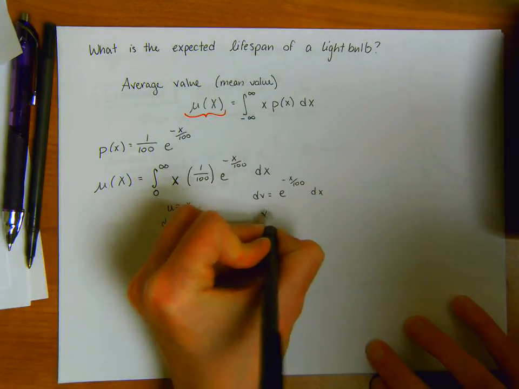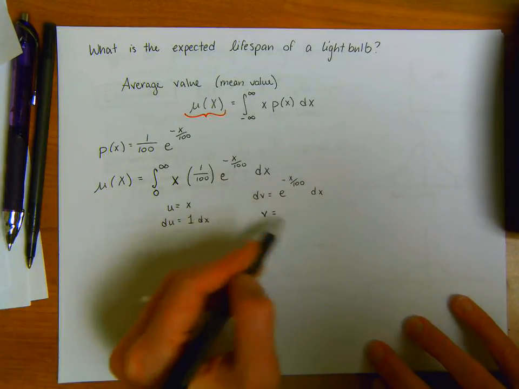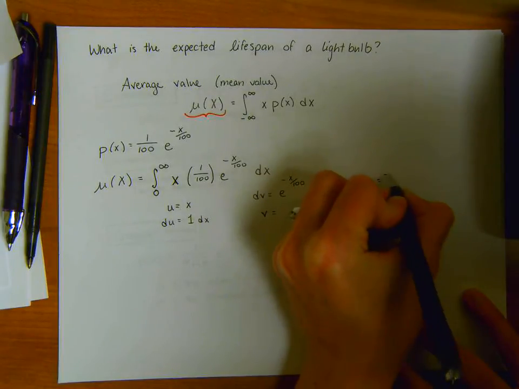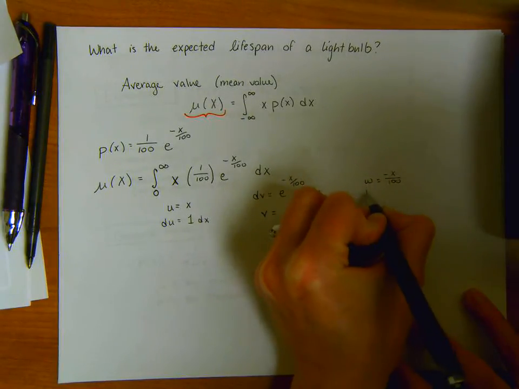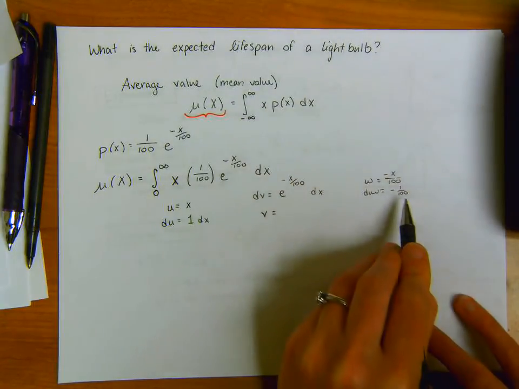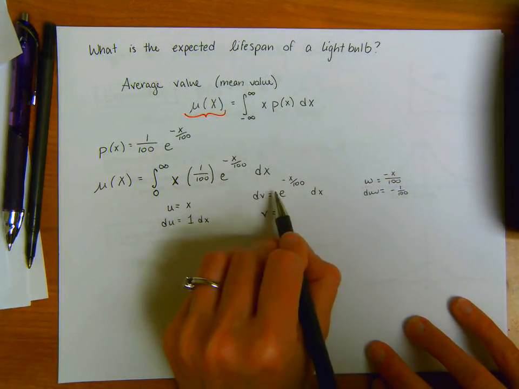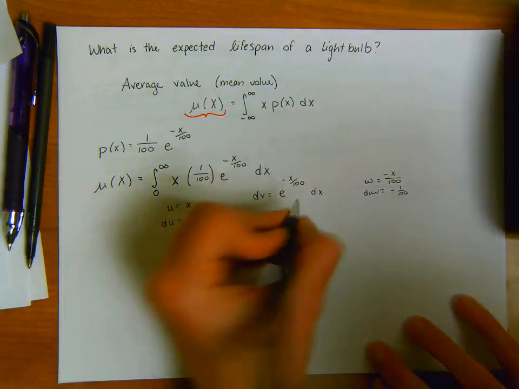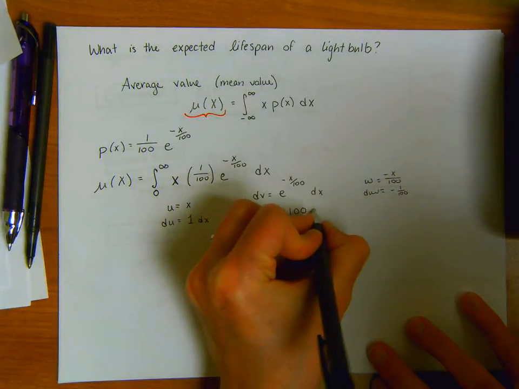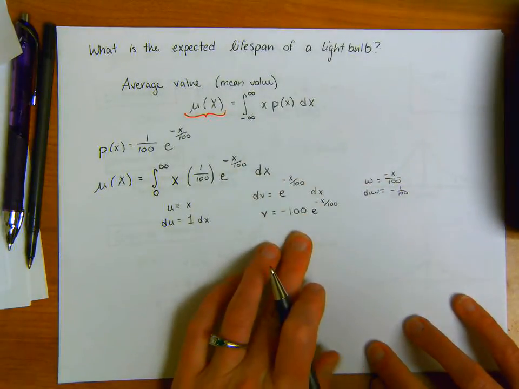But it means that in order to take the antiderivative of this, I need to do a u substitution. So over in my head, maybe I'll call it a w substitution. w is negative x over 100, so dw is equal to negative 1/100th dx. And I don't have that negative 1/100th sitting here, so I'm going to have to multiply it by negative 100. I'm sort of skipping steps in my head. This becomes negative 100 e to the negative x over 100 as my v.